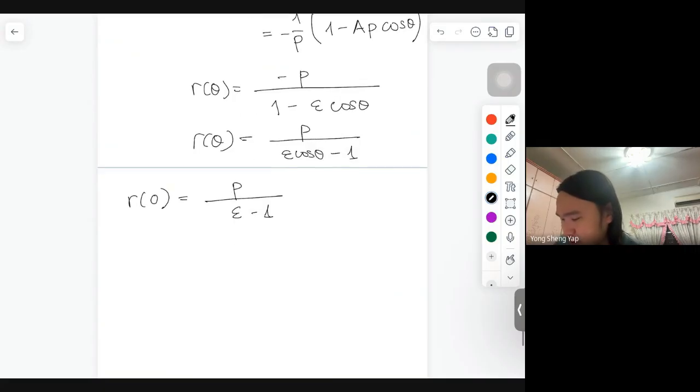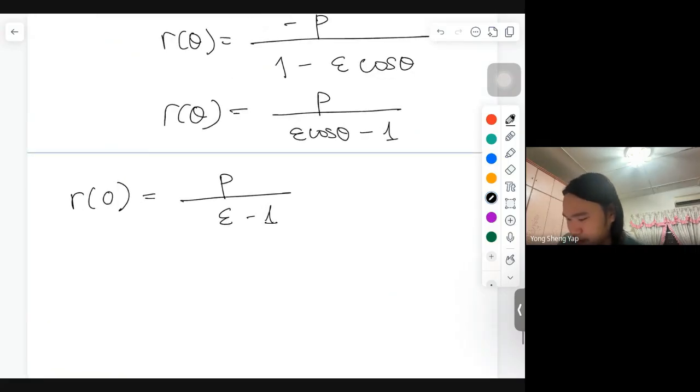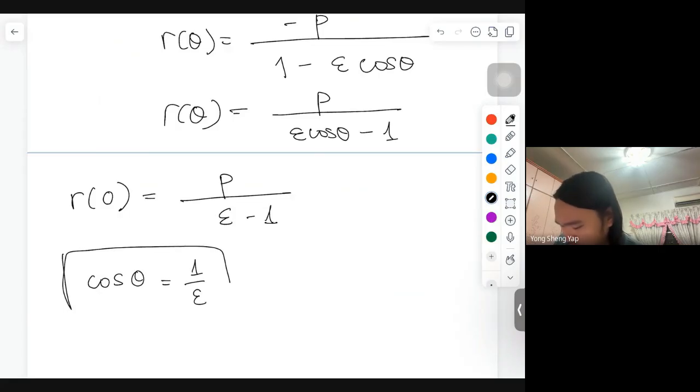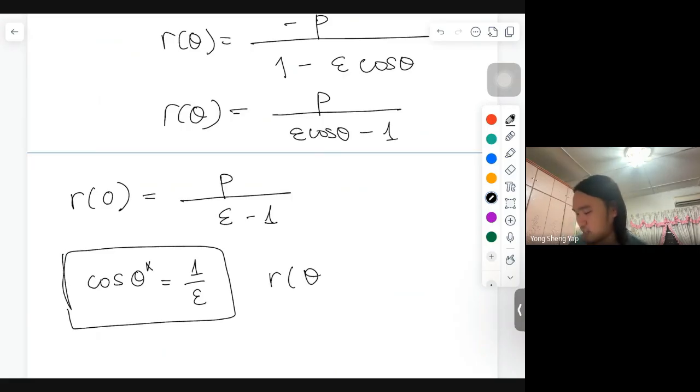But if you look into this, there's going to be a place where cosine theta is equal to 1 over epsilon. At this point, let's say at theta star, r of theta goes to infinity.